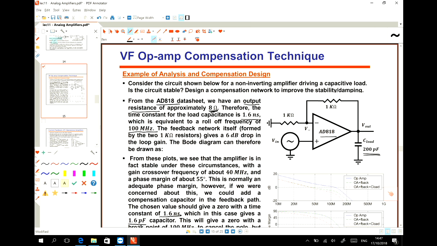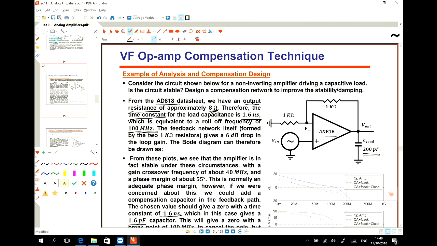It's useful for most of the applications. And then this load and this resistance give you a time constant of 1.6 nanosecond. And then this 1.6 nanosecond is in the order of 100 megahertz, which is in the range of the frequency that this op amp supports.